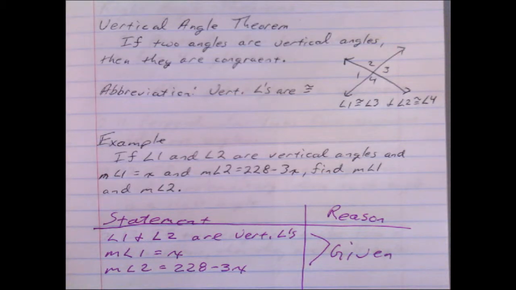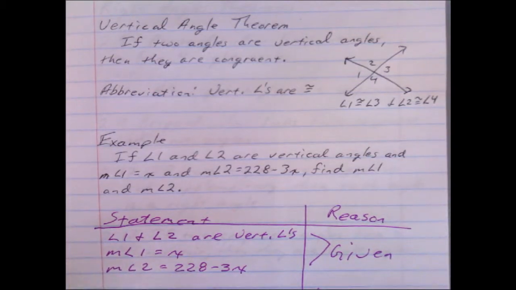So then the next thing that we're going to be doing here is if these are vertical angles, then by our vertical angle theorem, we can say that angle 1 is congruent to angle 2, and then definition of congruent tells us that angle 1 equals angle 2.